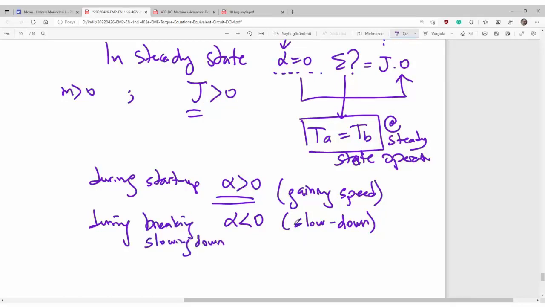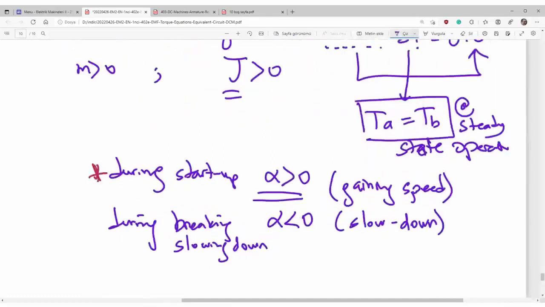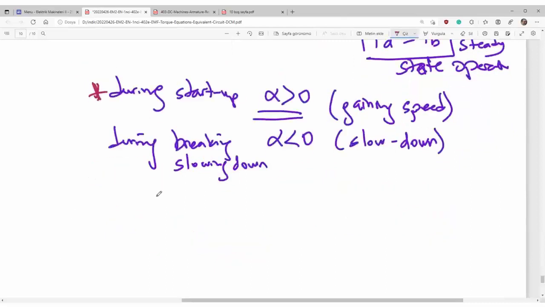Okay. To have startup, Houston, as you see, torque acting minus torque braking must be equal to J times alpha. Alpha is positive, you see. J is always positive for any object having mass.